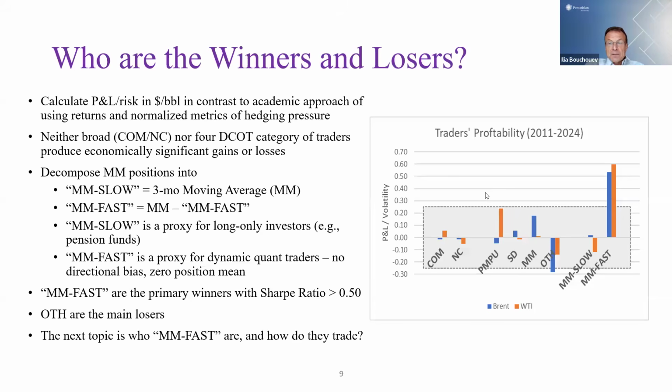So let's dig a little bit deeper. What we found out recently is that the key to identifying winners and losers is to decompose it a little bit more by investment horizon. And the most interesting observation came from decomposing the managed money. What we did is decompose them into two parts, the slow money and fast money.